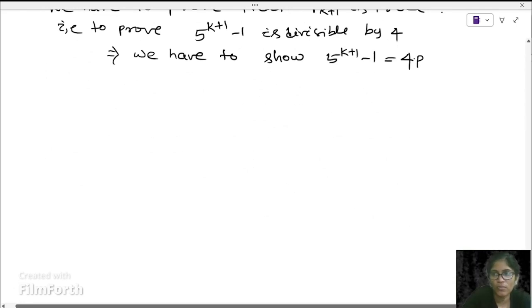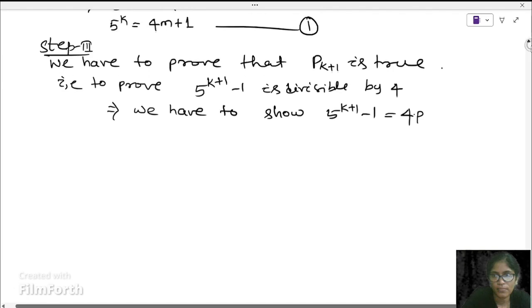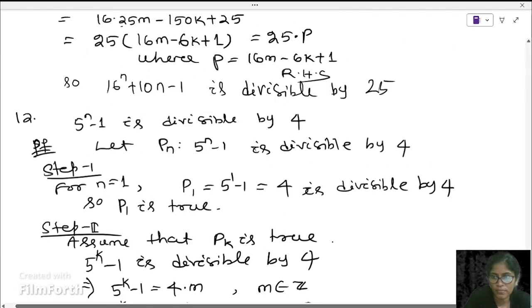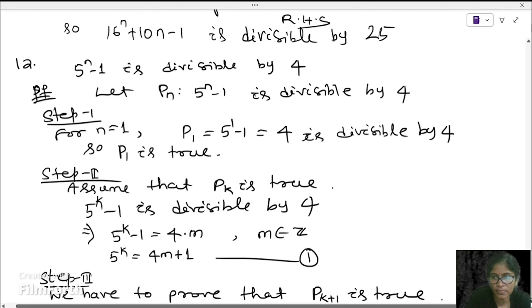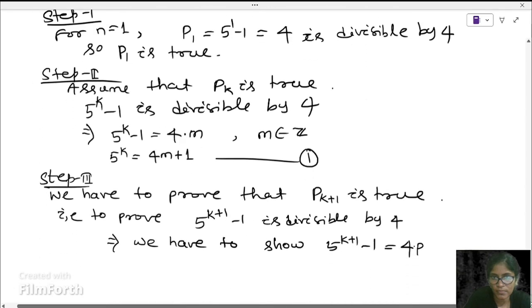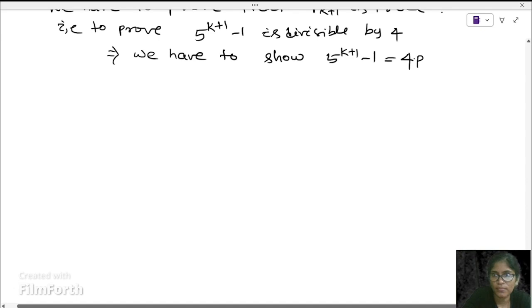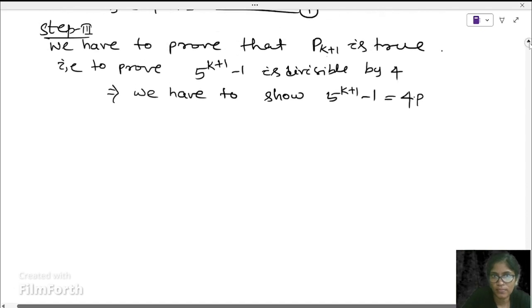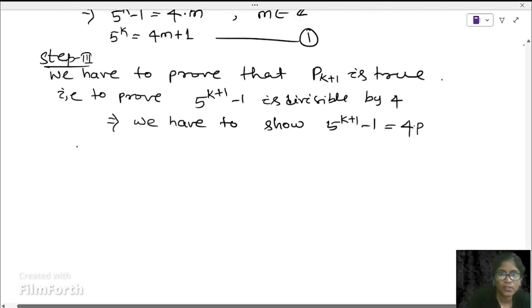Now, 5 to the power k plus 1 minus 1 equals 5 to the power k into 5 to the power 1 minus 1, which equals 5 into 5 to the power k minus 1.